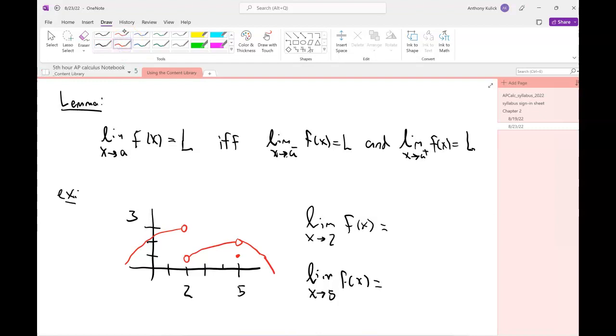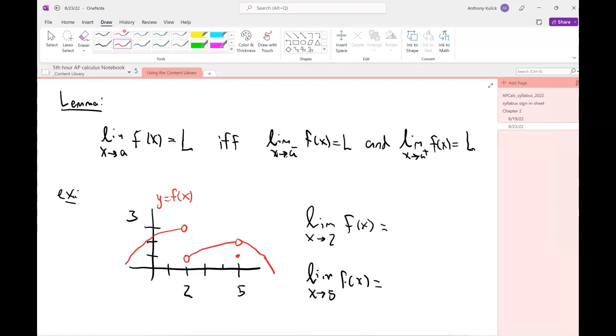Okay, so we have this picture of some function f(x), and we're asked for two limits: the limit as x approaches 2 and the limit as x approaches 5. Notice that at each of those locations our function is discontinuous. Everybody's cool with that? And in fact, we're undefined entirely at x equals 2.